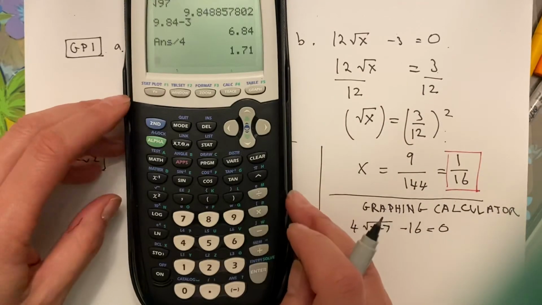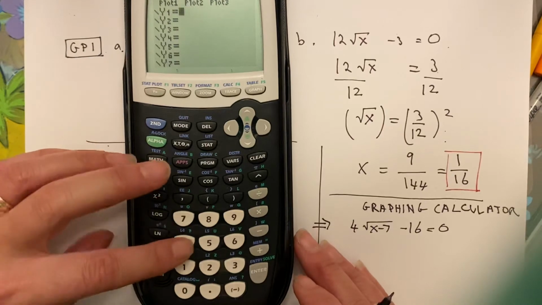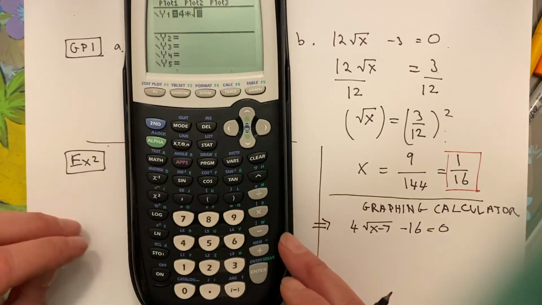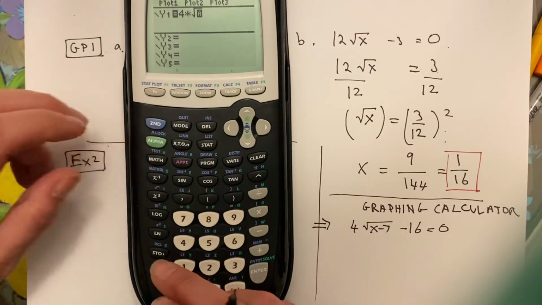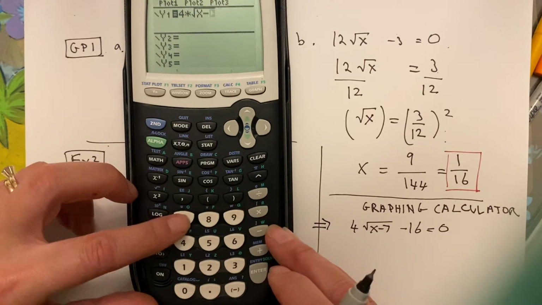Okay, let's try to clear this and go to my y equals and see if I can enter this equation. So 4 times inside the square root x minus 7.